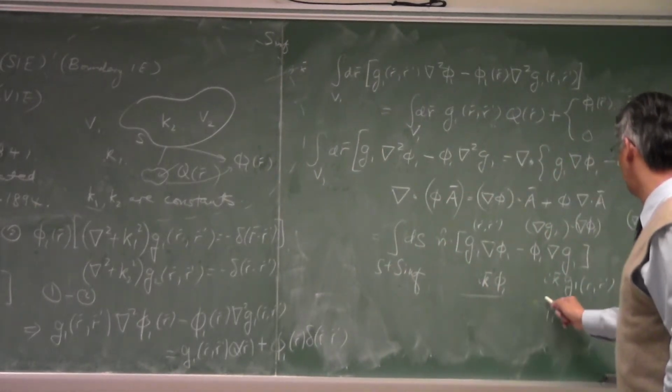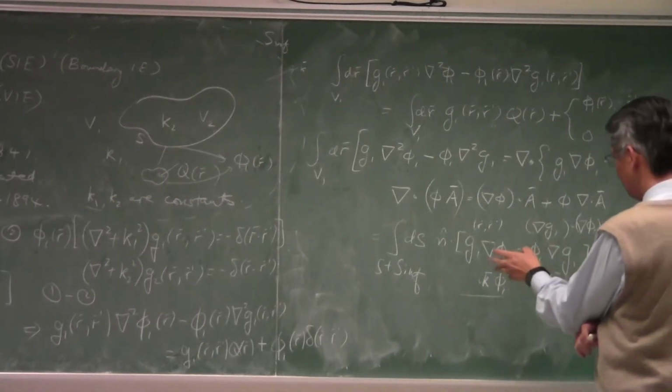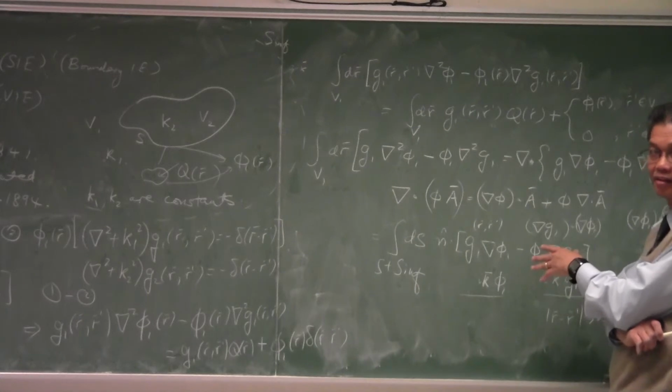So you see that these two cancel each other. The fact that everything looks like a spherical wave, and a spherical wave eventually looks like a plane wave, is also the same as the Sommerfeld radiation condition.